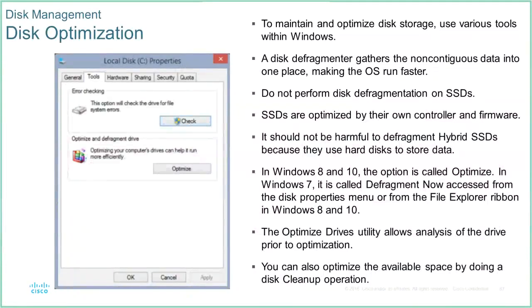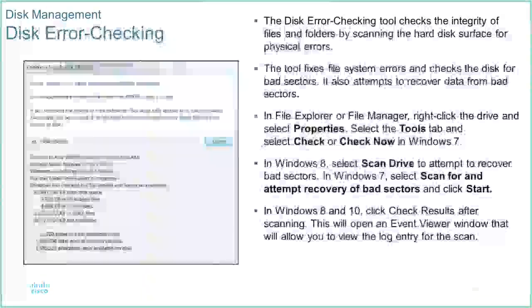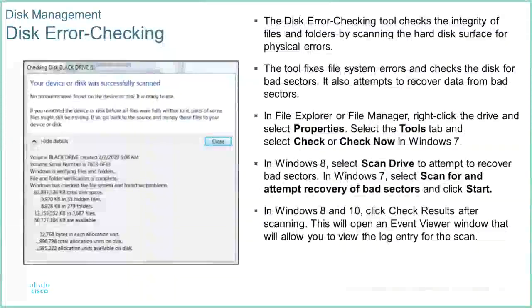With your error checking, it'll go through and give you a report. One of the options is to just try to fix the errors as it discovers them, or it can just give you a report and then you can make a decision on how you're going to proceed with the errors reported.